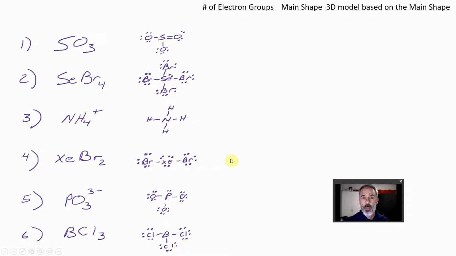In order to do that, let's start with figuring out how many electron groups each one of these compounds has. The first one has 3 electron groups originating from the central atom. So the sulfur has 1 direction going for the double bond, 1 for the single bond, and 1 for that single bond. That's 3 electron groups, 3 directions from that central atom. The double bond is just 1 electron group because the 2 bonds go in the same direction, right?